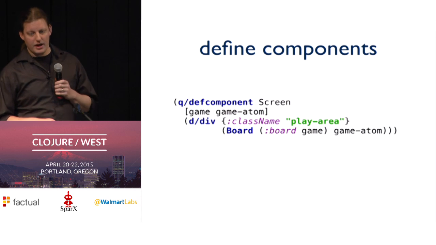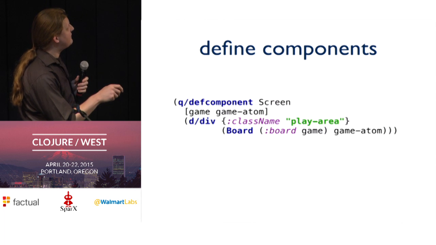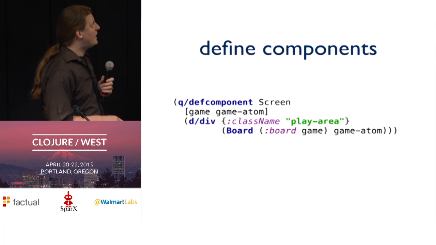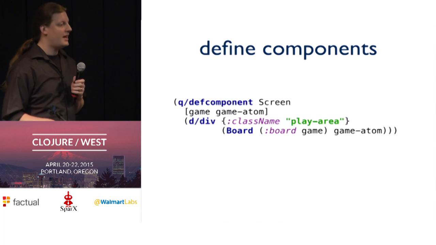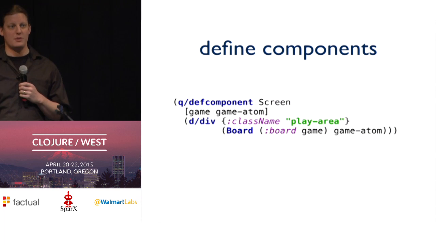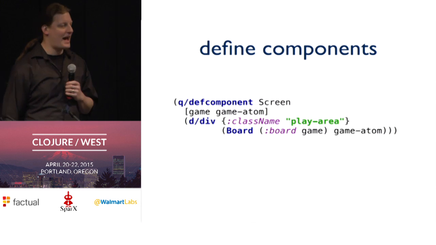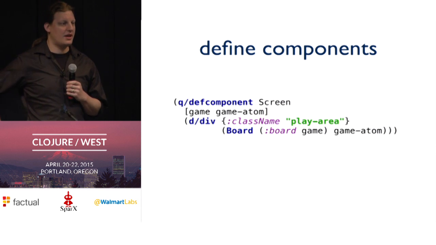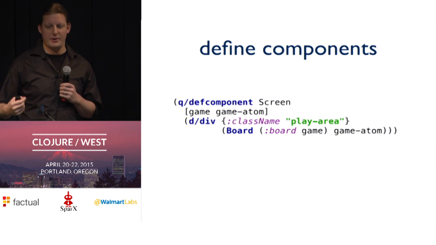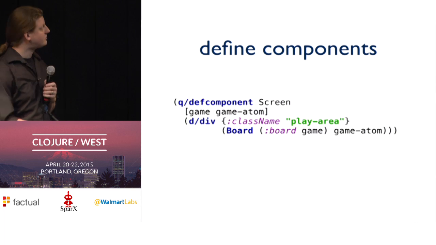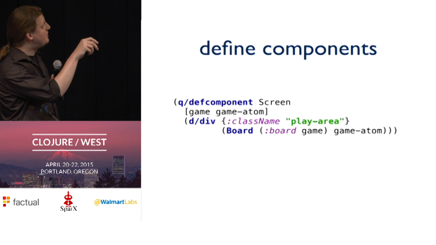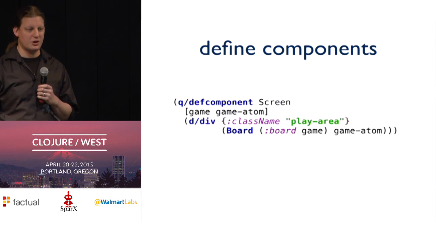Interesting thing about Quiescent is the first value that you pass in to a component is the immutable value upon which its rendering is based. Any subsequent arguments that you pass, it will not use as a driver for whether the component needs to re-render or not. So here we go and create a screen. It's built on a game. This game is a value. It's just a standard Clojure map.